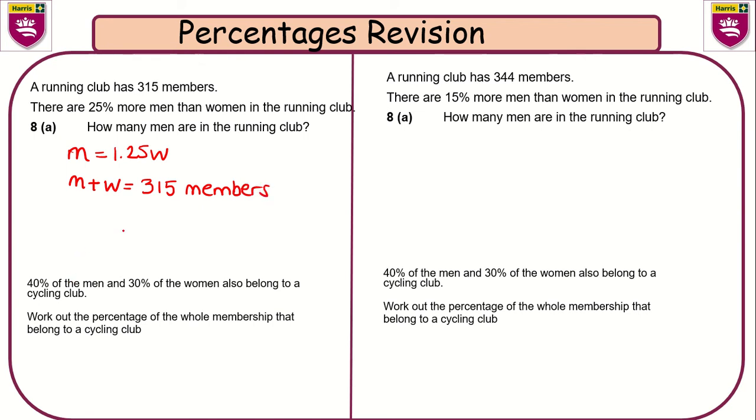Now, I can substitute 1.25 W into M, because I know that M equals 1.25 W. So I'm going to simply write 1.25 W plus W equals 315 members.